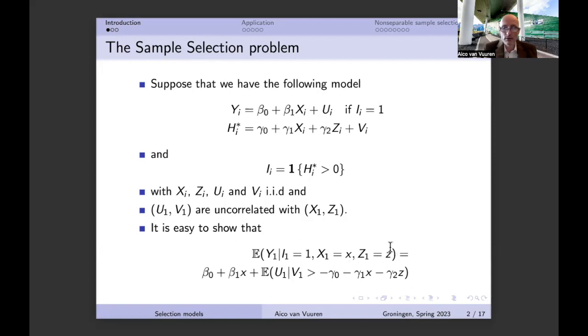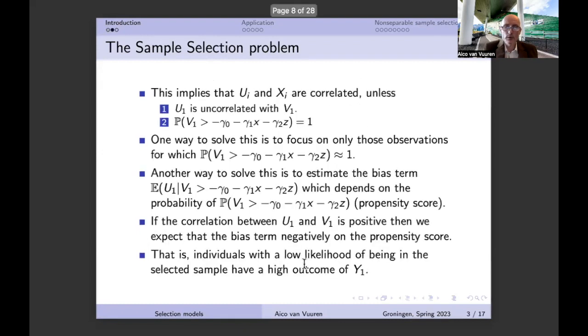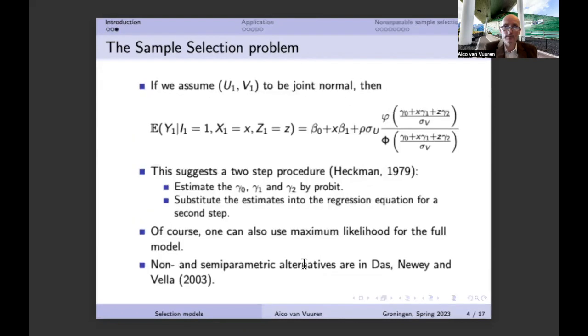Other than that, we do know that this bias term is decreasing in absolute value at the moment that the propensity score becomes larger. Other than that, we don't know that much about this bias term, unless, of course, we make additional assumptions.